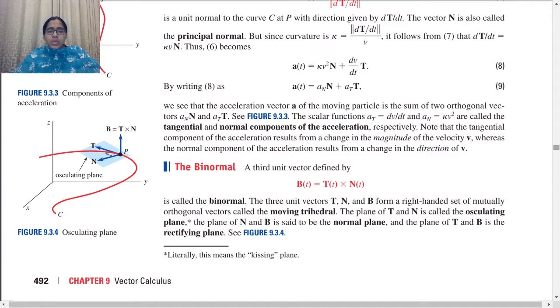So these three unit vectors T, N and B form a right-handed set of mutually orthogonal vectors. You can see clearly that they are mutually orthogonal, and they are called the moving trihedral.